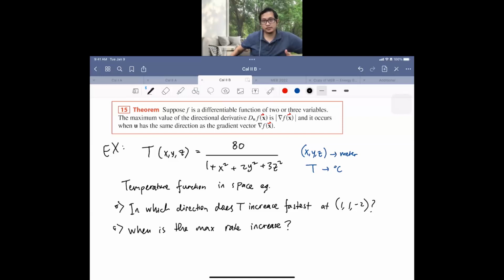Actually, it can be combined into one question, finding the fastest increase, which is the maximum rate. Increase fastest means the maximum rate. But the first question asks for the direction, which means the vector itself, and the second asks for the value.